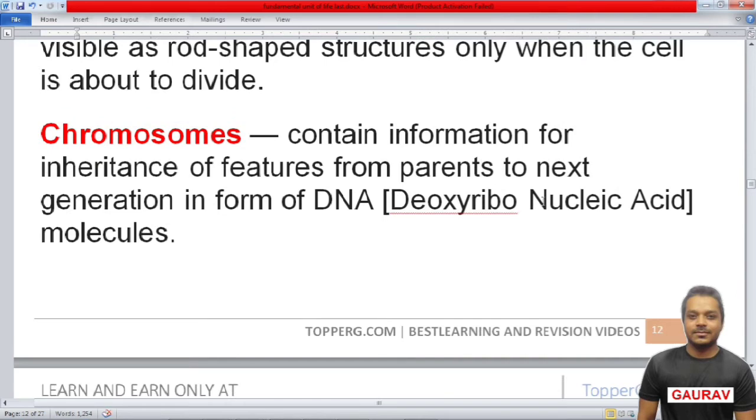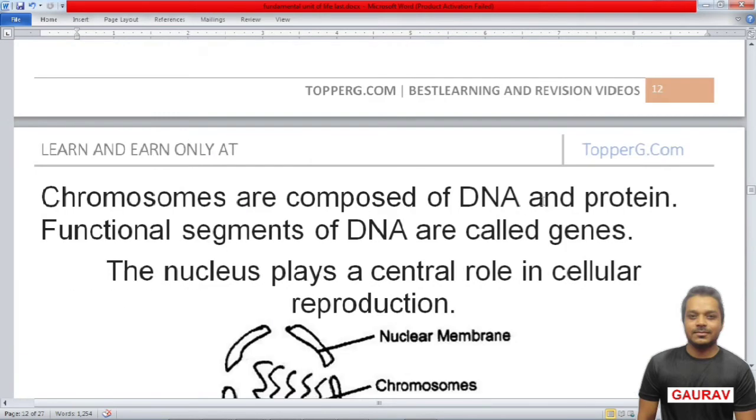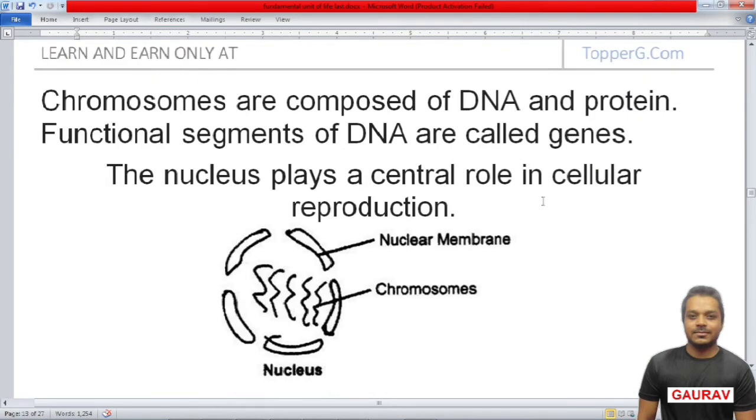Chromosomes contain information for inheritance of features from parents to next generation in the form of DNA, deoxyribonucleic acid molecules. Chromosomes are composed of DNA and protein. Functional segments of DNA are called genes. The nucleus plays a central role in cellular reproduction.